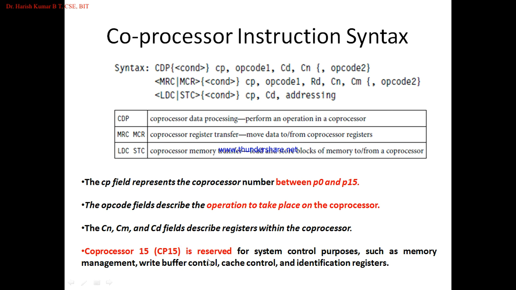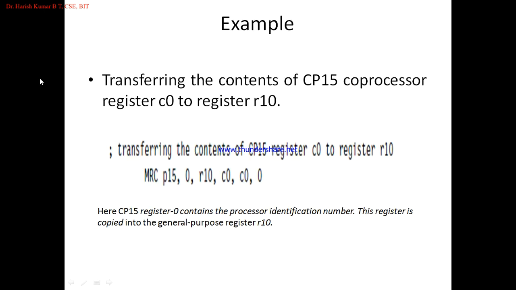It is the coprocessor which is reserved for system control purposes, such as memory management, write buffer control, cache control, and identification register. That is one coprocessor. And I have an example here, MRC, for transferring the content of register C0 of the CP15 coprocessor to the R10 register of the main core processor.